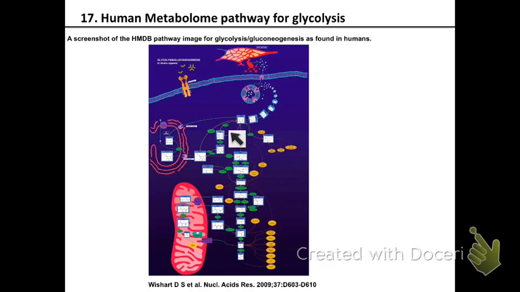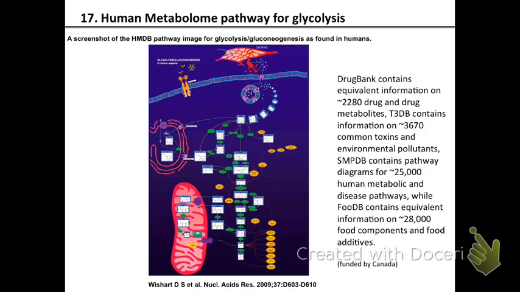So if, for example, there is a condition where this enzyme is no longer functioning, then in that sample you would no longer see this metabolite, right? So the amount of metabolites is going to tell you something about how well this glycolysis pathway is working, right?